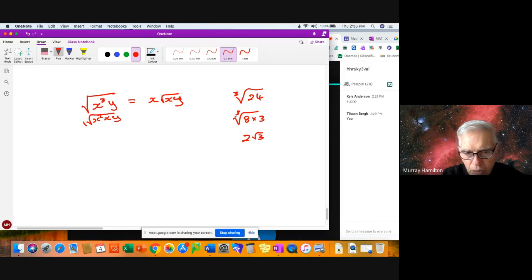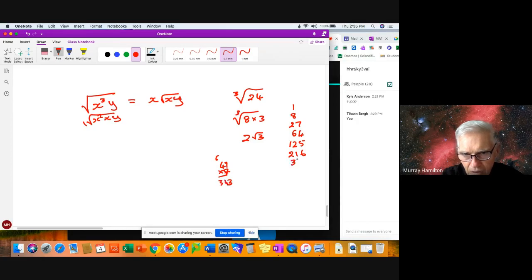So for cubed roots, you're actually looking at your cubic numbers. You're hunting out cubed numbers. So your cubed numbers: 1 cubed, 2 cubed is 8, 3 cubed is 27, 4 cubed is 64, 5 cubed is 125, 6 cubed is 216, 7 cubed is 343. 49 times 7: 7 nines are 63, 6, 28, 9, 30, 343.